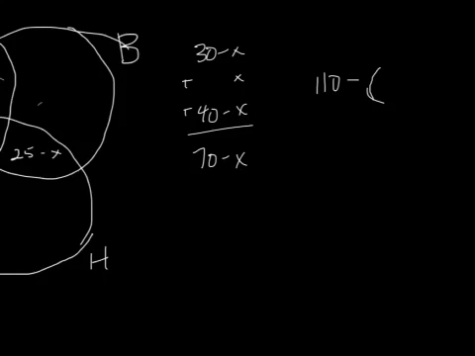Meaning what's going to go here is 70 minus X, close parentheses. Now, before we do anything, we have to distribute the minus. I bet this is exactly where the mistake happened. Now we're going to get 110 minus 70 plus X.